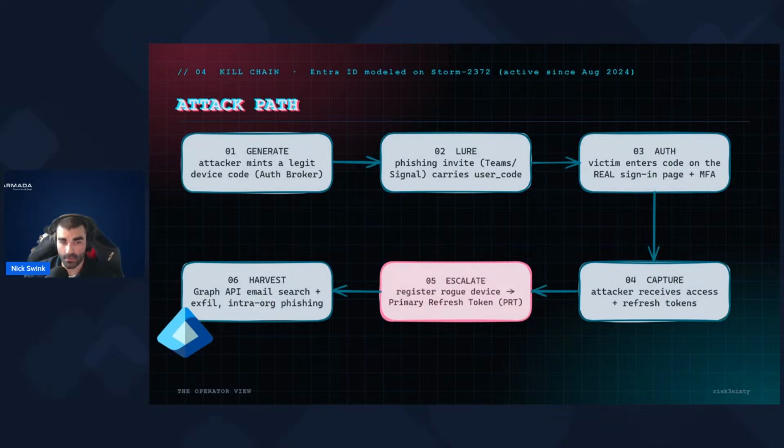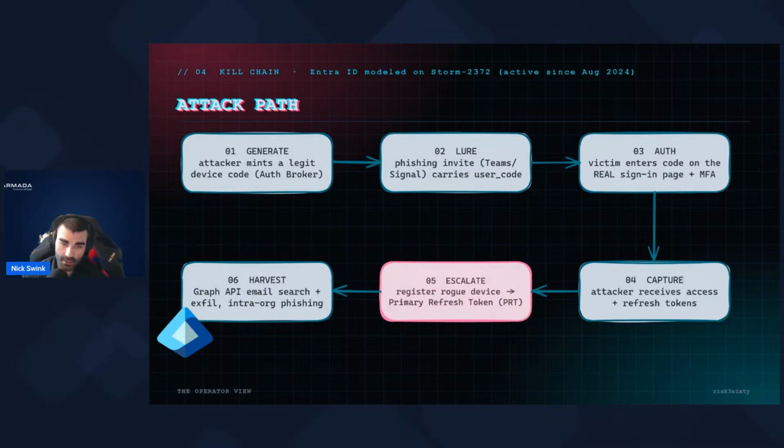They would generate those device codes, send them via Teams or Signal, different messaging apps and stuff like that, and try to get the user to authenticate to legitimate Microsoft endpoints with the code. And then from there, they get Graph API access, and they can basically try to move laterally, do intra-org or business email compromise phishing to move to different accounts within the organization.